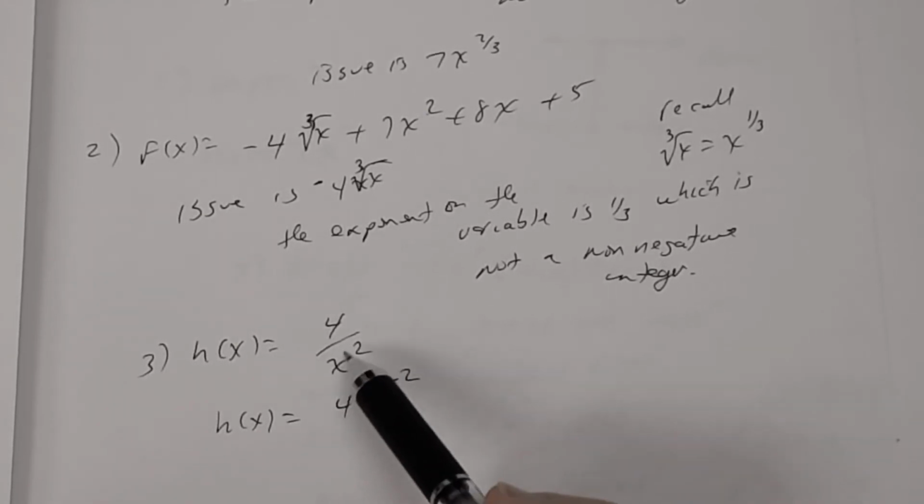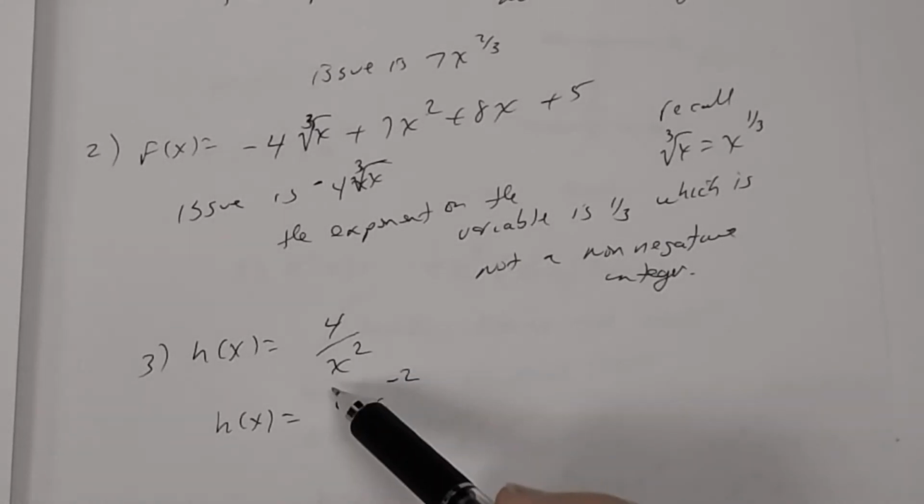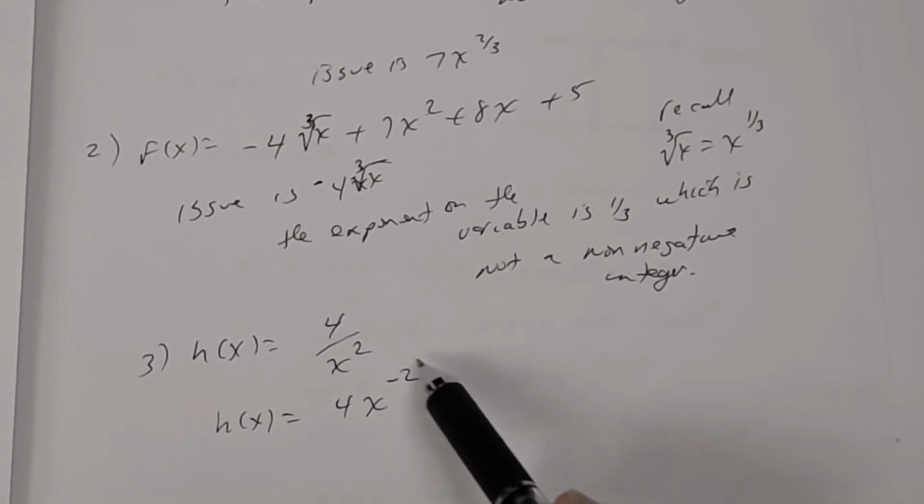So what some students do is they think this is a polynomial because this exponent is non-negative. But where is this variable? It's in the denominator, which means I can write it like this. So now you notice that the exponent is negative.